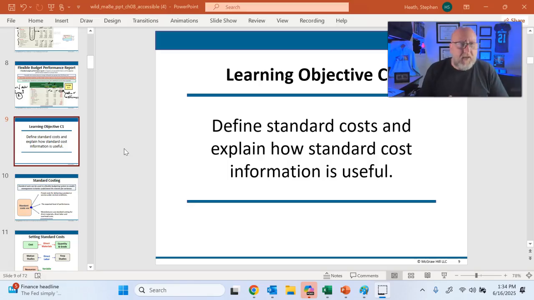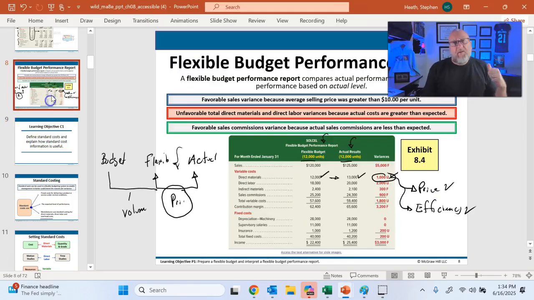So anyway, standard cost. What we were just doing in the previous lecture was we were saying, hey, listen, there is a difference between the flexible budget and actual results. There's a variance, and the variance could be the result of the price being more or less than what we anticipated, or the efficiency, the way that we used the input, could have been more or less, like quantity.